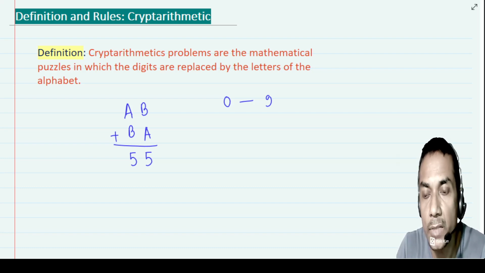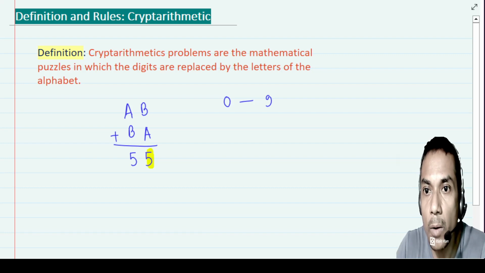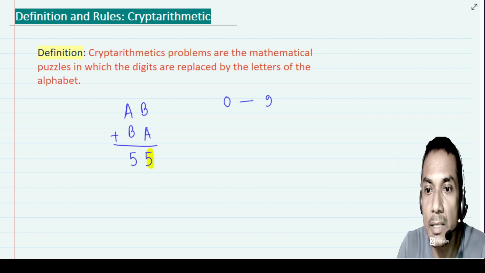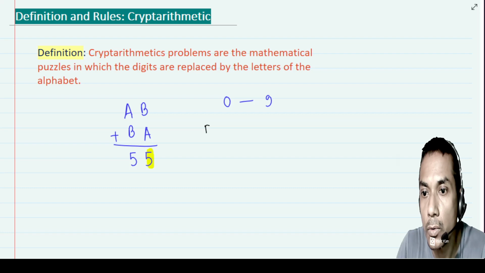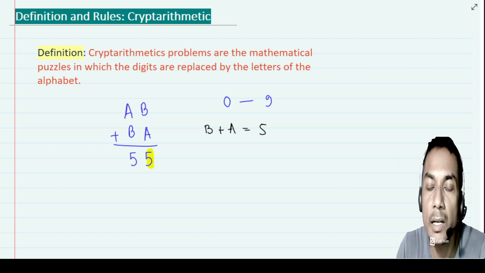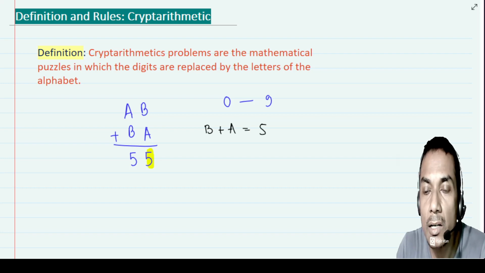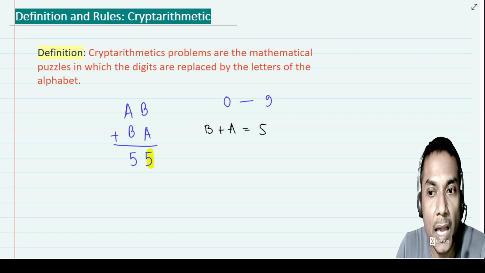Clear? So for example, look here, the sum of B plus A, since B and A are the unit place digits, we consider B plus A is equal to 5. Correct? So what are the combinations? I am not considering the carry forward here.